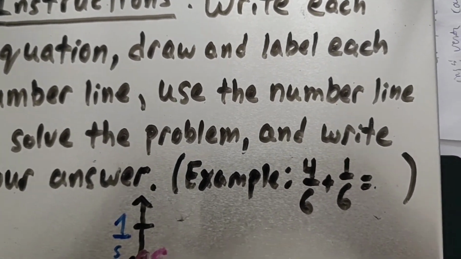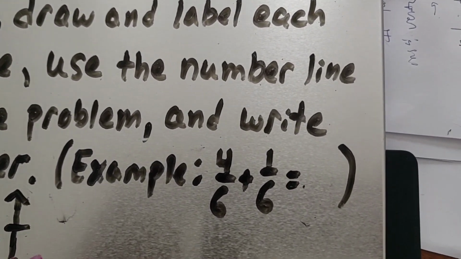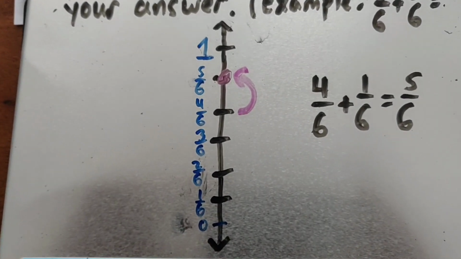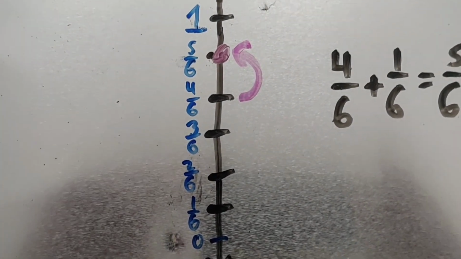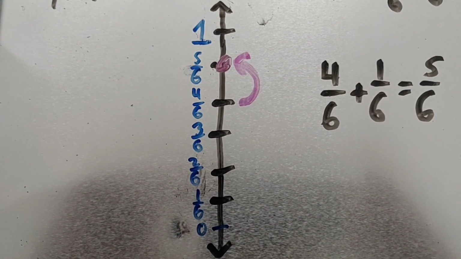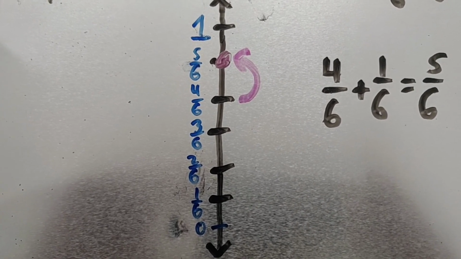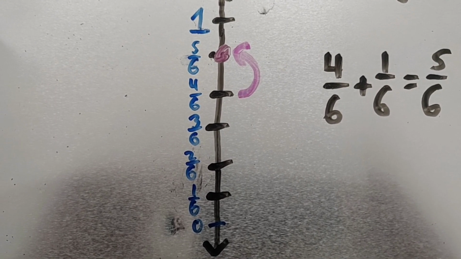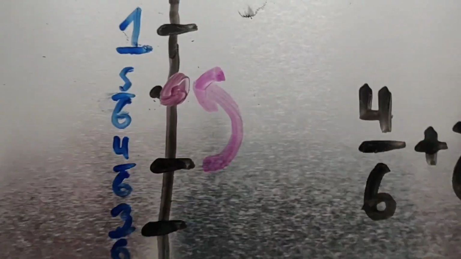So if we're starting with 4/6 plus 1/6, then you're supposed to draw and label the number line. So we did that. I did that from 0 to 1. I drew the number line and I labeled it. And then I used it to solve the problem 4/6 plus 1/6. So 4/6, and then we just had to go up 1 part to 5/6. So 4/6 plus 1/6 equals 5/6.